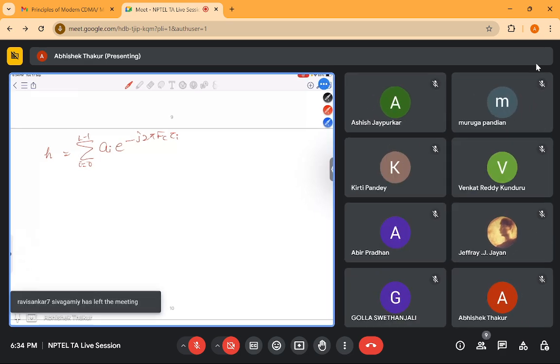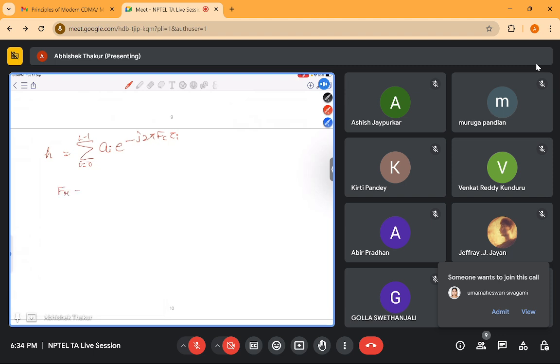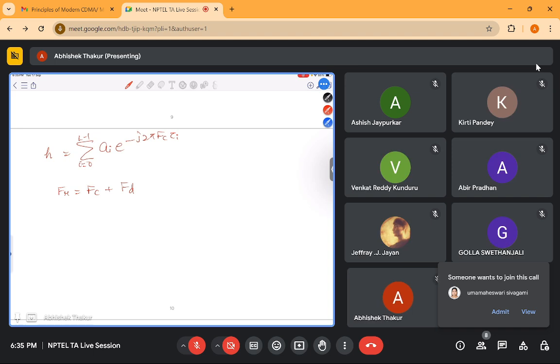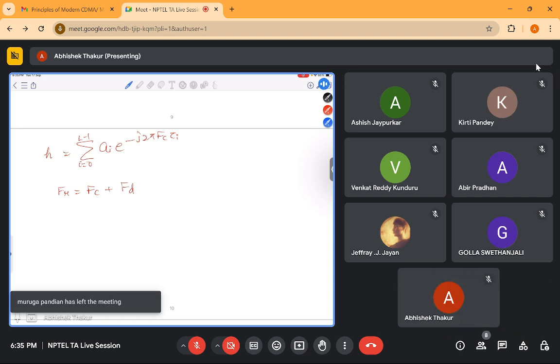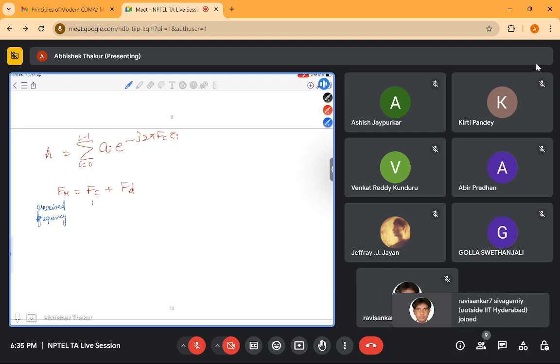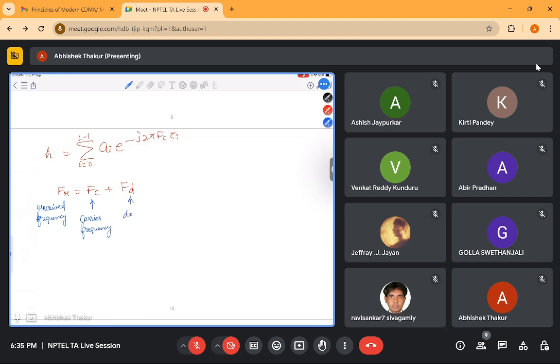So when a mobile device is moving, then fr is equal to fc plus fd. So this is our received frequency, that is equal to the carrier frequency plus the Doppler shift.